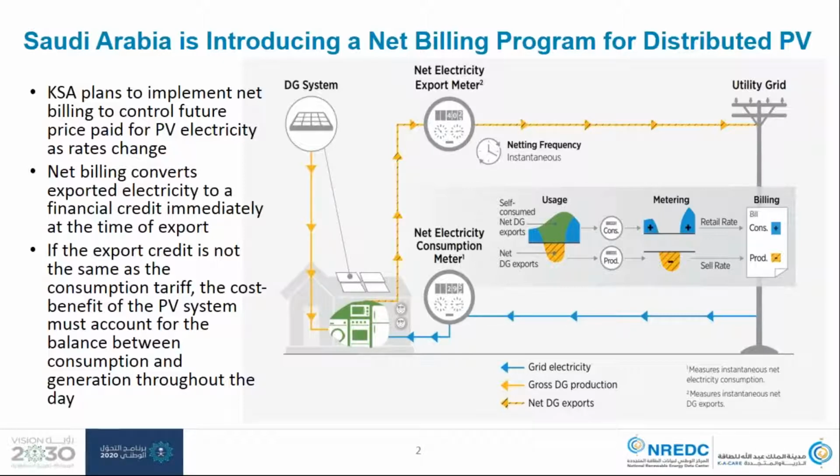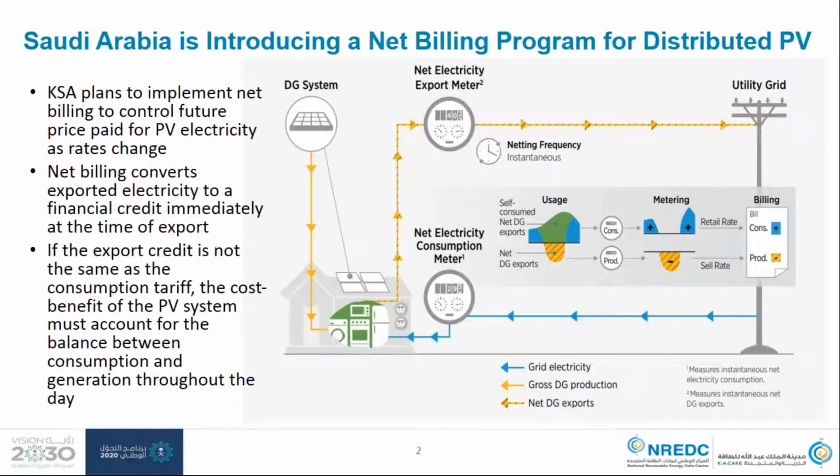Up till now, all of the action has been in utility scale, and in fact, we've been somewhat slow in doing that. Saudi Arabia has big plans for utility scale PV, but distributed is not so much of an emphasis, even though it is recognized that distributed PV could result in a lot of job creation, and jobs are a very important issue in Saudi Arabia.